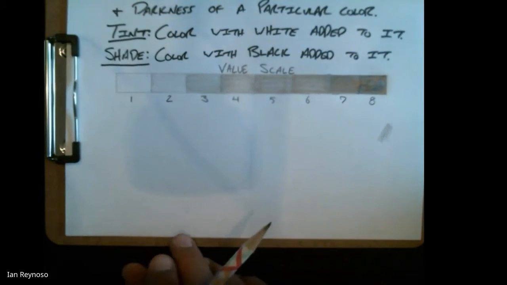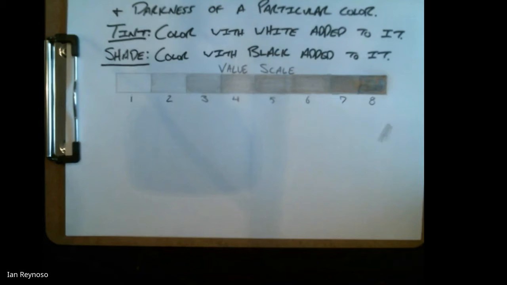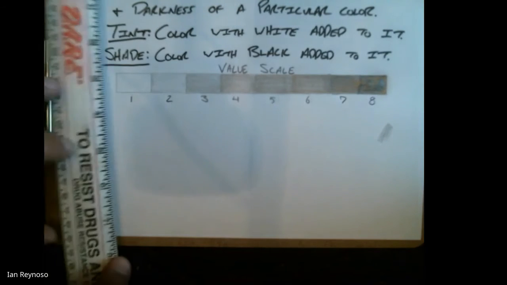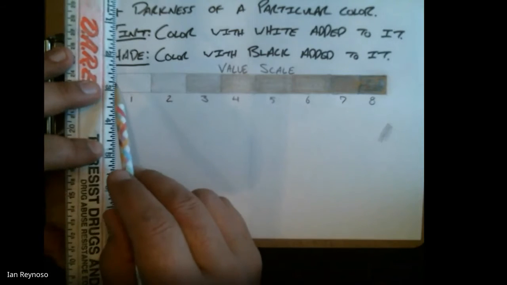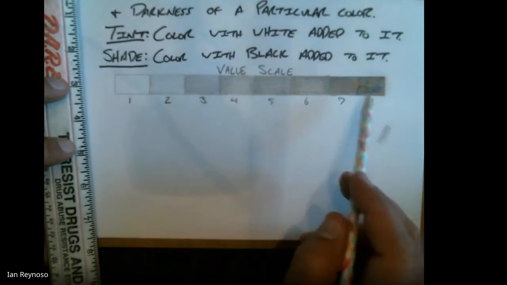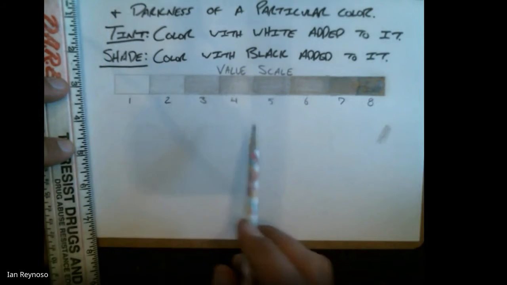Okay. Hold on 1 second. Okay, what I'm going to do is take the far left side of my box. I'm basically going to remake another one of these value scales underneath it.